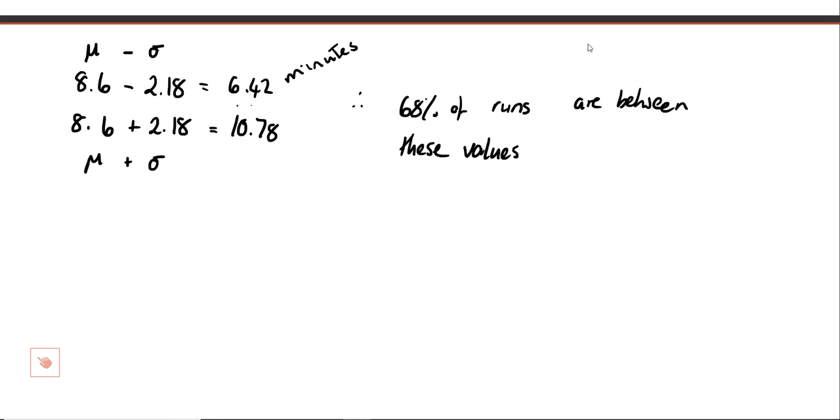Mm-hmm. So if you're looking around going, what? It's 6 minutes and 42 hundredths. So it's actually less than half a minute, so it'd be less than 30 seconds. Okay? Just remember that with time.